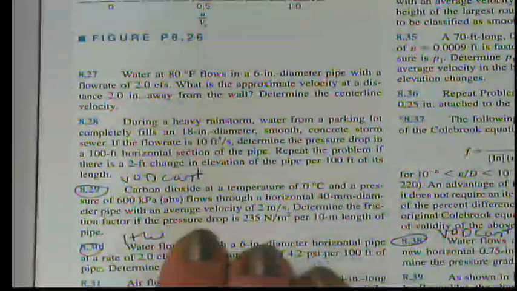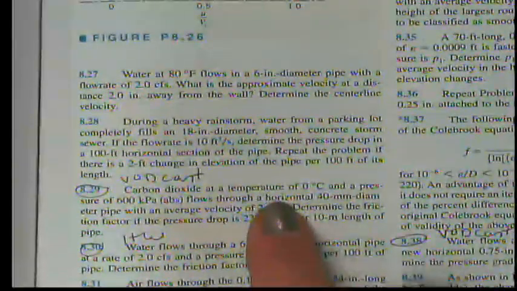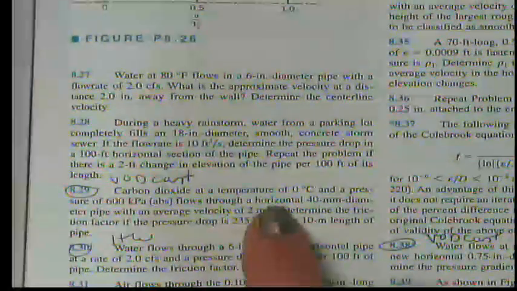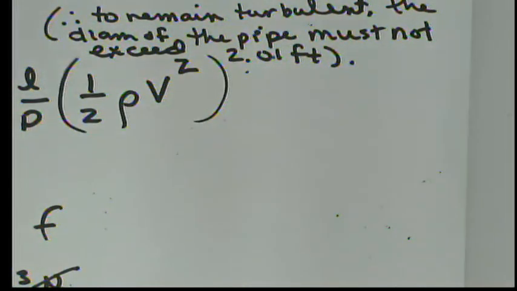Okay, a slight simplifying condition here is that this is a horizontal pipe. That means that we do not have to use the full-blown value of the Darcy-Weisbach equation.